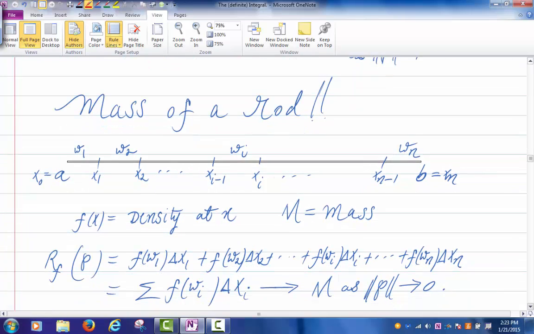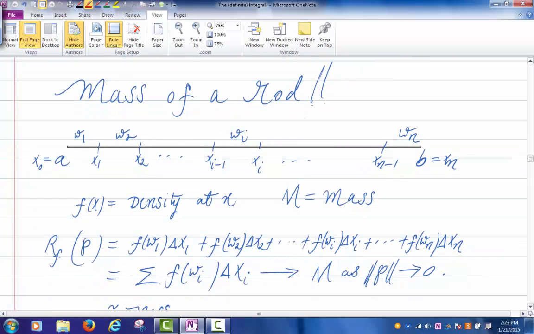Let's think about the mass of a rod, right? You have a rod, straight line, let's say, and once I have a rod, I can label the rod as an interval from A to B. I can put it on the real number line and say that this extends from A to B, right?